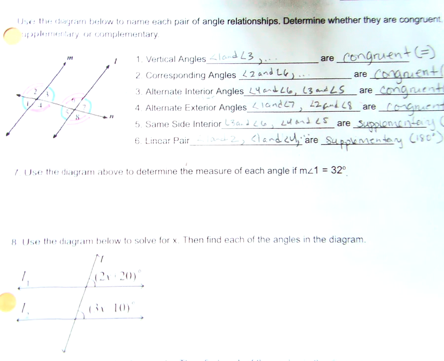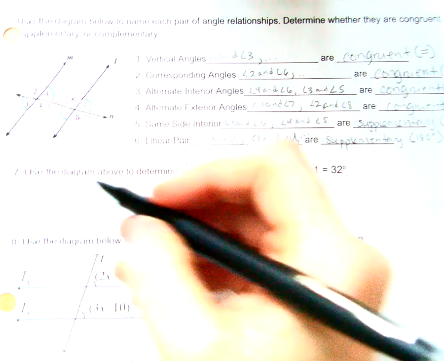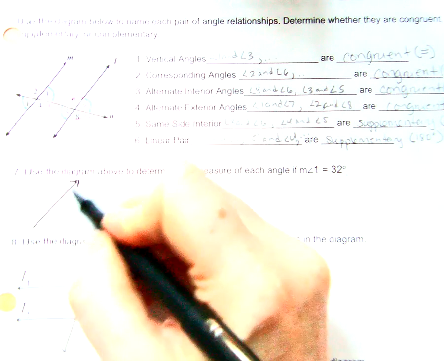Number 7 says, use the diagram above to determine all the angles if we know the measure of angle 1 is 32 degrees. Okay, so I'm just going to redraw it here so I can write on it.